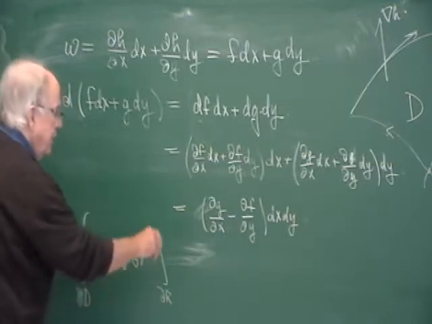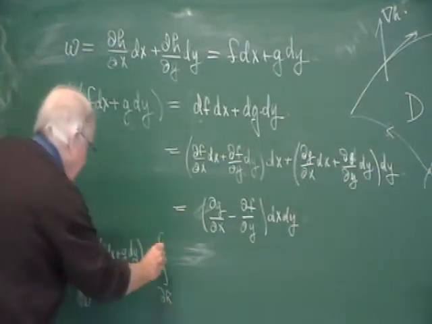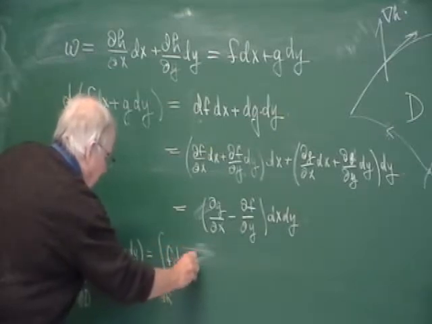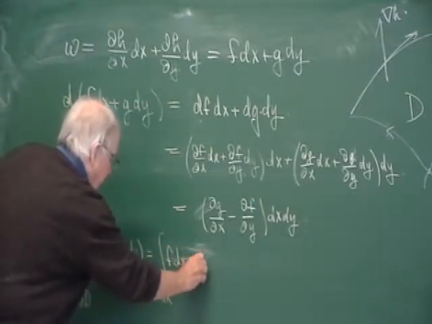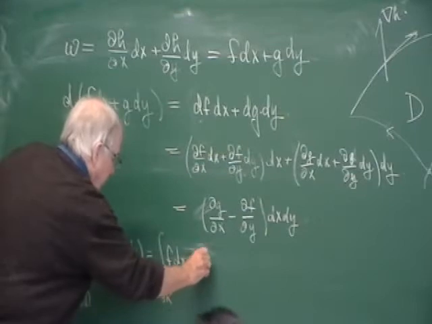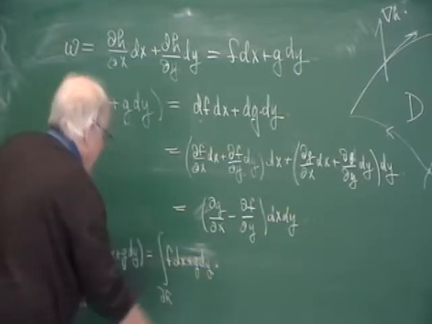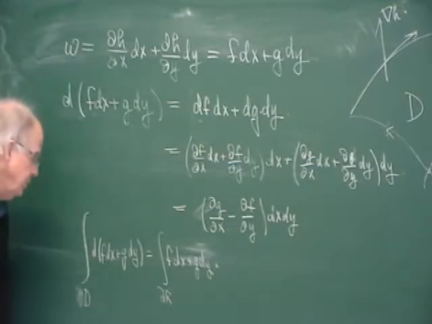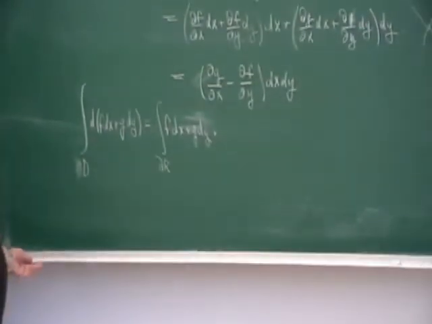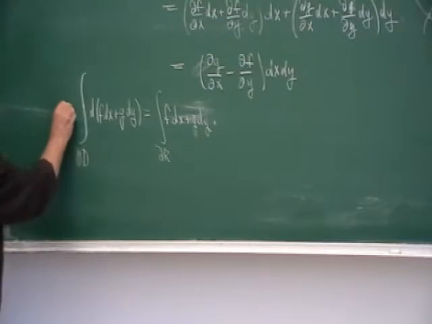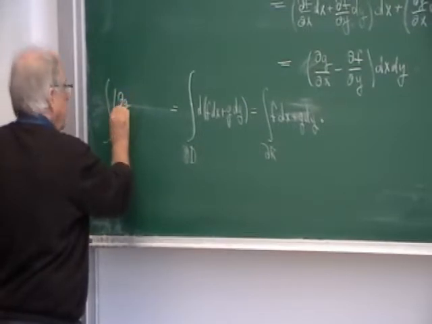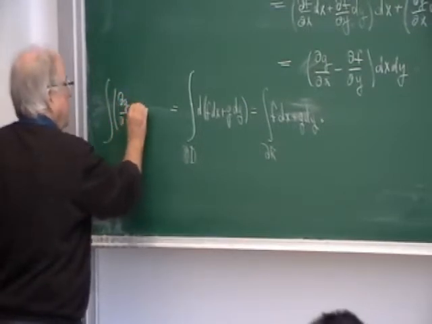So there. That's integration by parts. And this, I just did the calculation, this is Green's calculation, is partial g in x minus partial f in y.